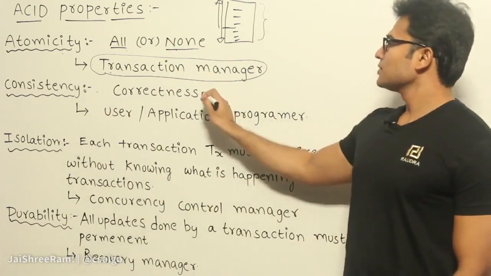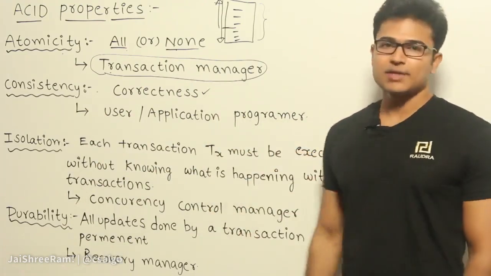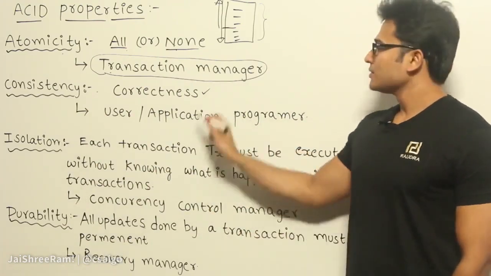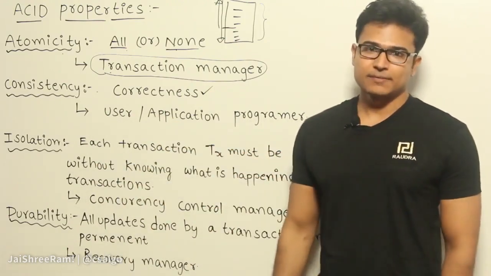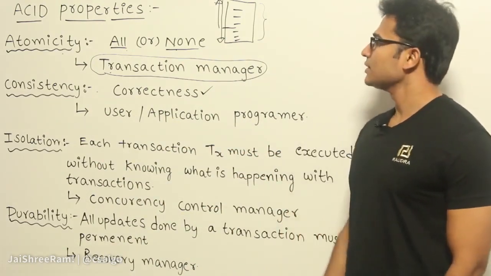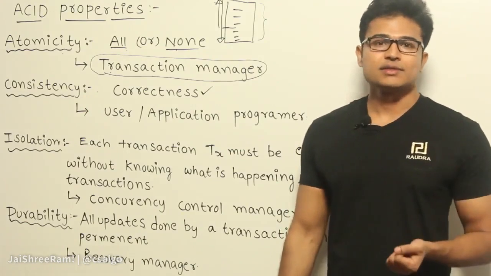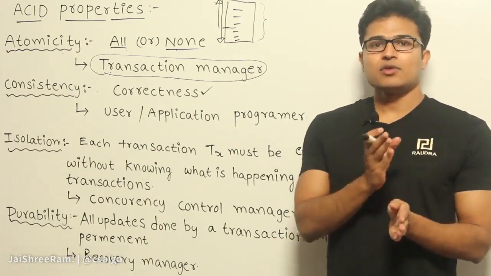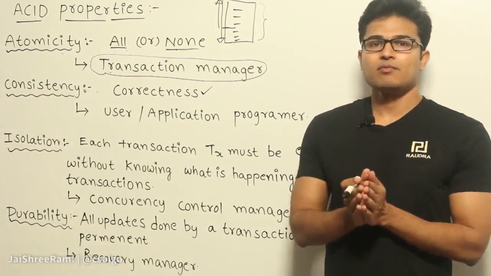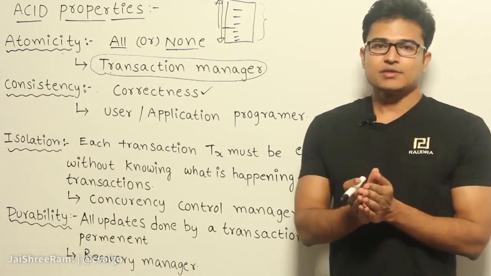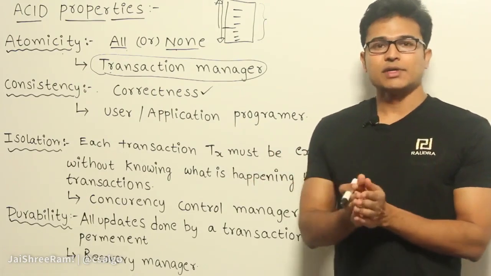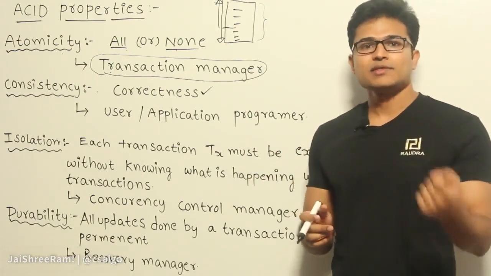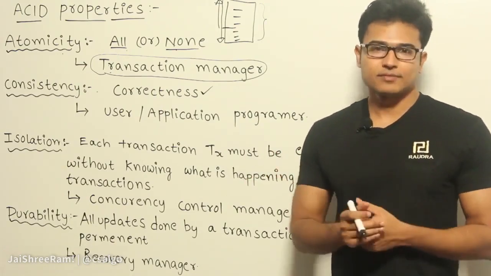Consistency means after executing the transactions, or let's say we are looking at one transaction, the data should be consistent, right? So what is consistency? In the previous case, if you are transferring an amount from A to B, before transferring, let us assume the balance of A plus B is some number. After transferring it, the balance of A plus the balance of B should be the same, isn't it?